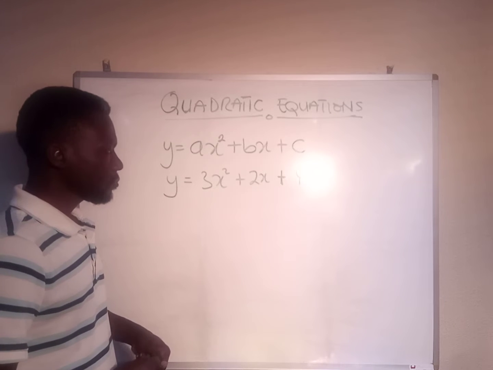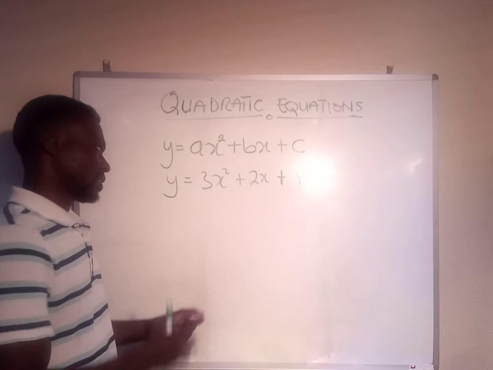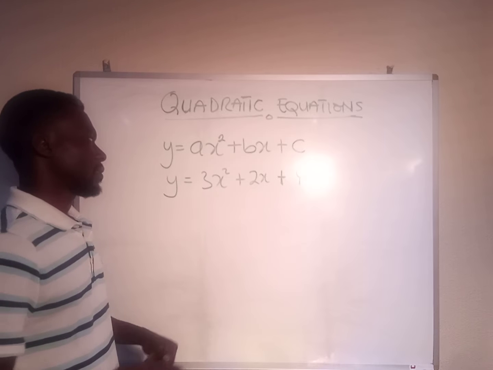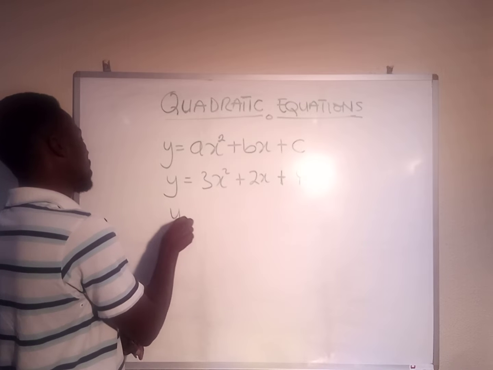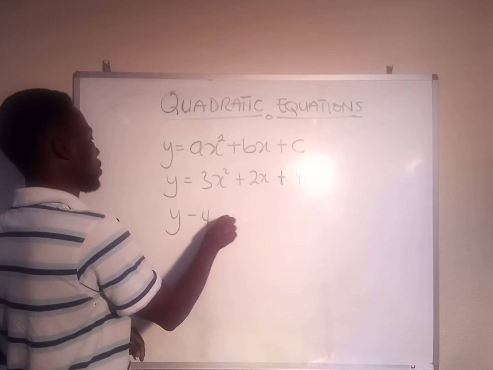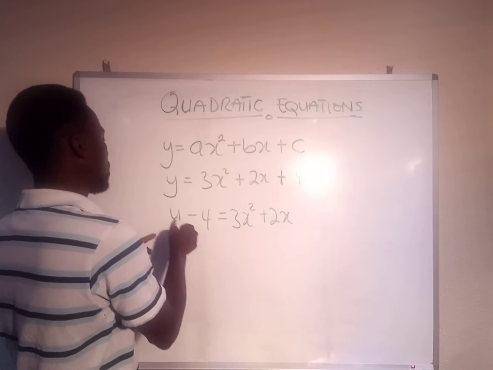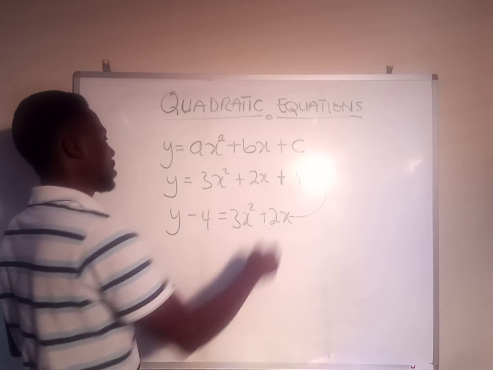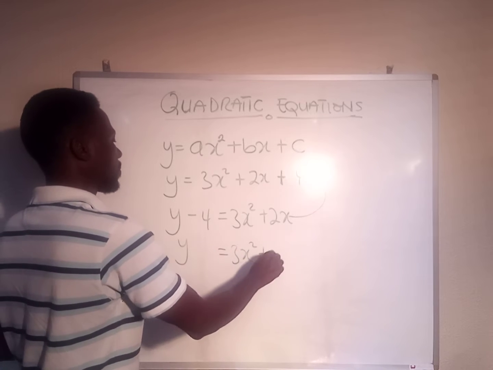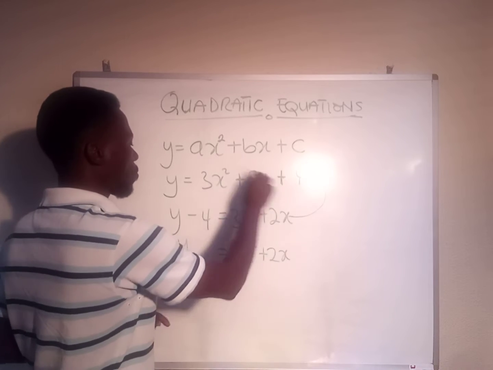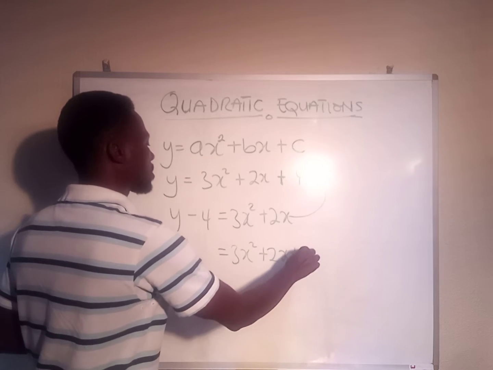Sometimes a quadratic equation needs to be rewritten in the standard form. For instance, if I have y minus 4 is equal to 3x squared plus 2x, this equation can be written as y is equal to 3x squared plus 2x, then negative 4 crosses the equal sign, or we just add 4 to both sides, and we have plus 4.